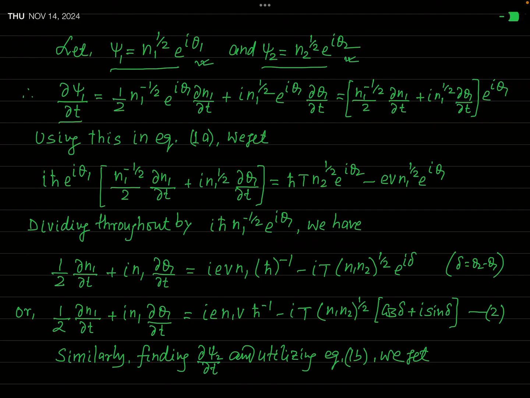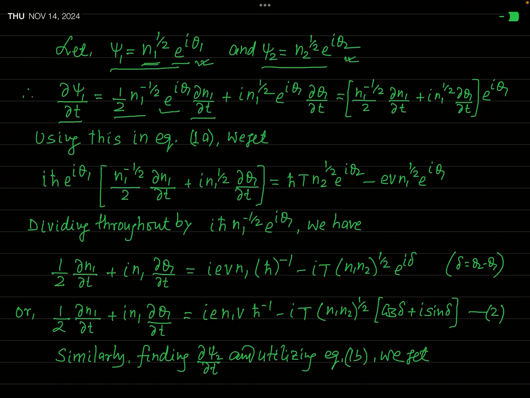Del psi1 by del t. See here, there is a product of two functions: the first one is n1 to the power half and the other is e to the power i theta 1. So following the product rule of differentiation, you can differentiate it. First, differentiate n1 to the power half; this will be half n1 to the power minus half times del n1 by del t, and the exponential factor stays as it is.